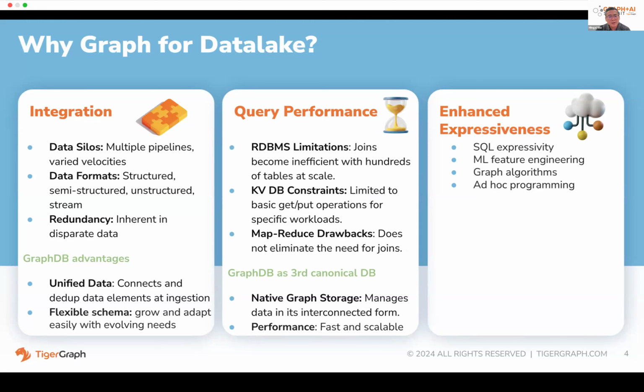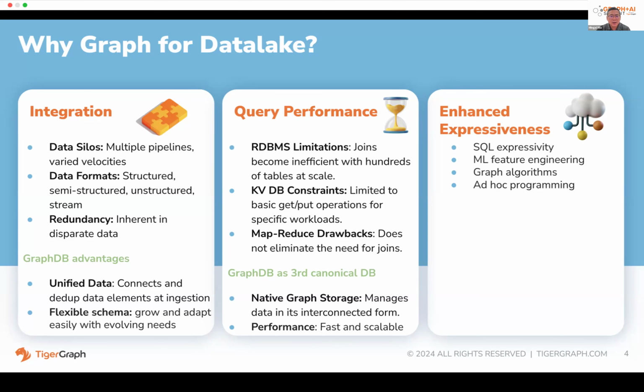The second reason that you need a graph for your data lake is that it has an advantage in providing performant queries. We know that in the cloud, you basically have three forms of compute engine. The first is the incumbent relational database management system. It uses joins to connect your data elements at runtime.